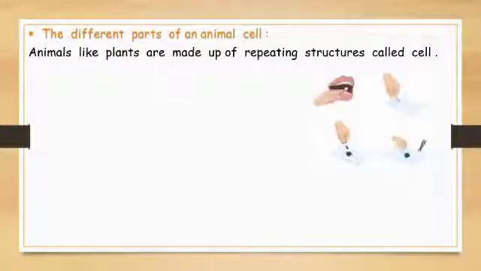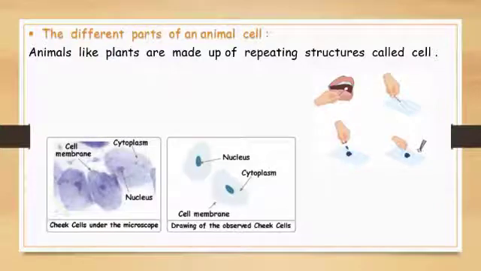Now, I'll take some of my cheek cells and put them on a slide, and then I will put this slide under the microscope and I will observe my cheek cells.